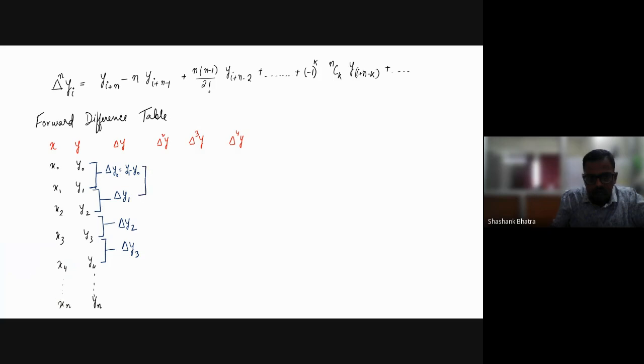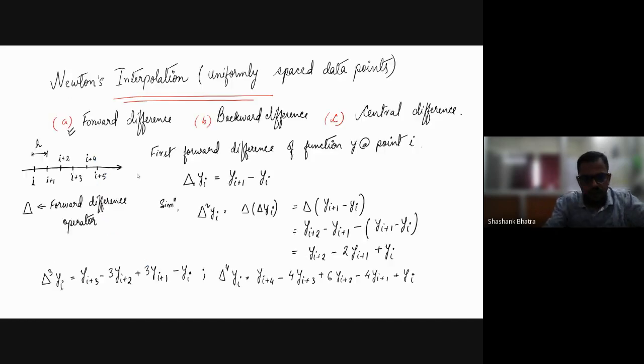Now again, the second time when I do it, as I was discussing with you, here for second order I have written delta y(i+1) minus delta yi also, right?